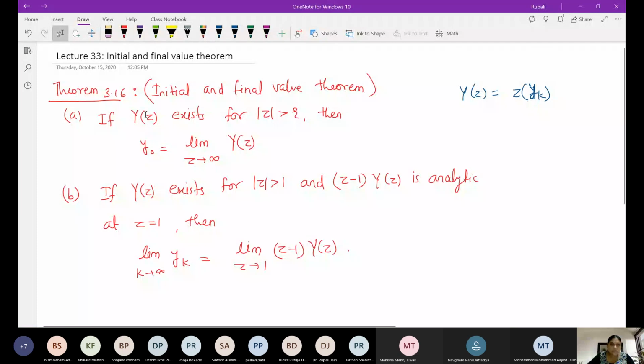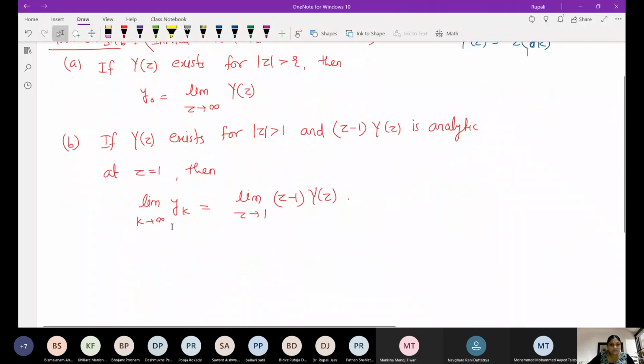So if z transform of y(k) exists for mod z strictly greater than r, then y(0), the initial value, is nothing but limit z tends to infinity Y of z. It directly follows from the definition of z transform only. And for B part, a little bit of calculation is required, so we are omitting that one.